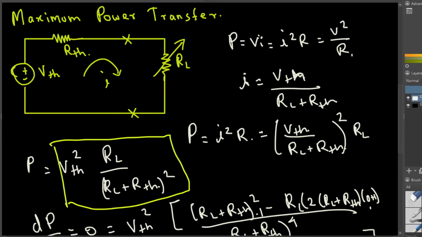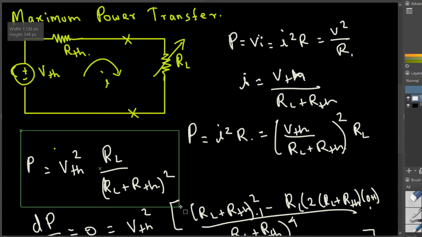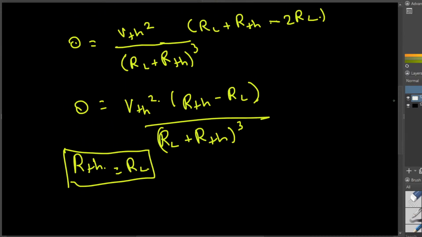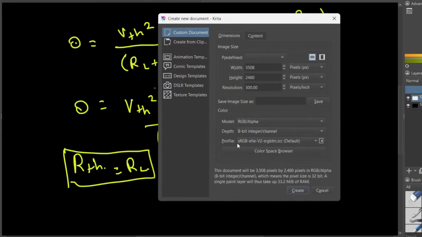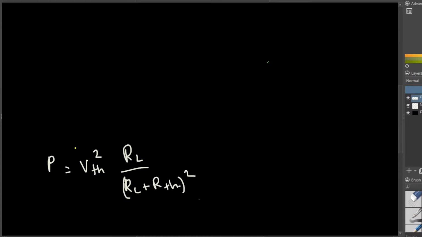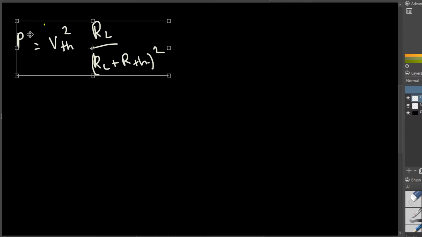Let me copy this equation and paste it here and replace everything. In maximum power transfer, R Thevenin is equal to RL, so we can replace all the R Thevenin with RL.